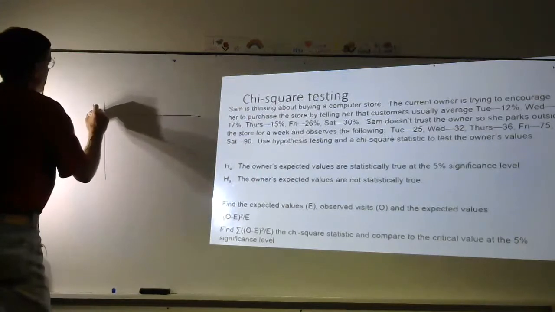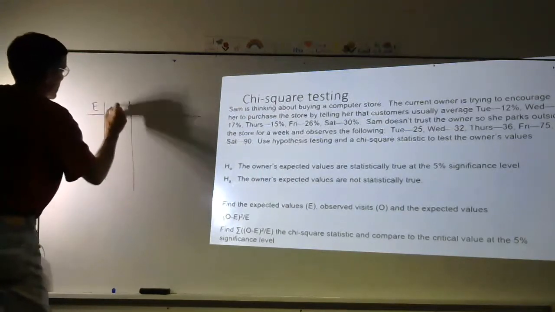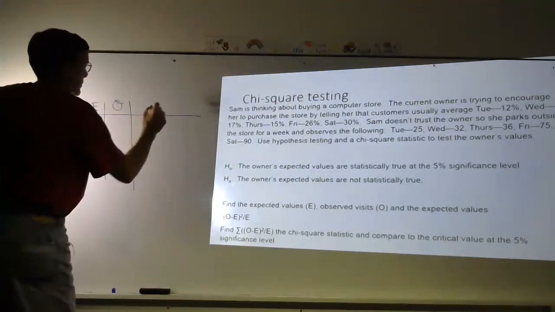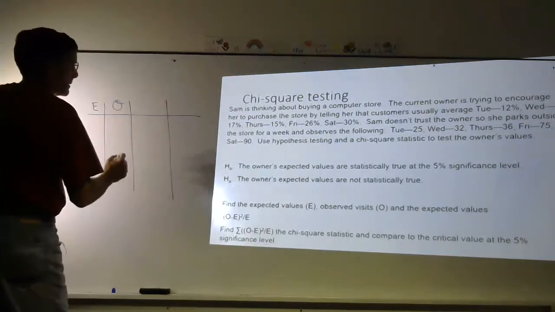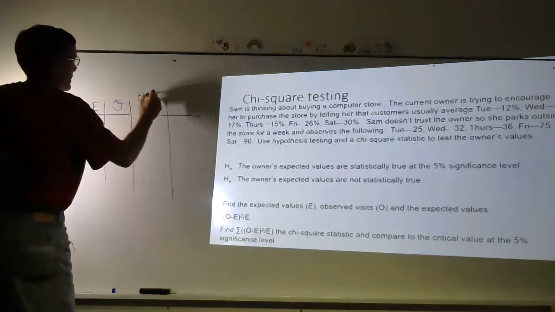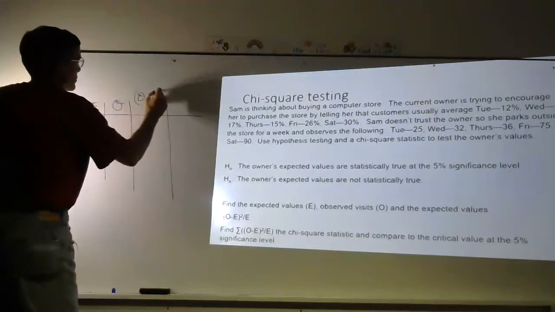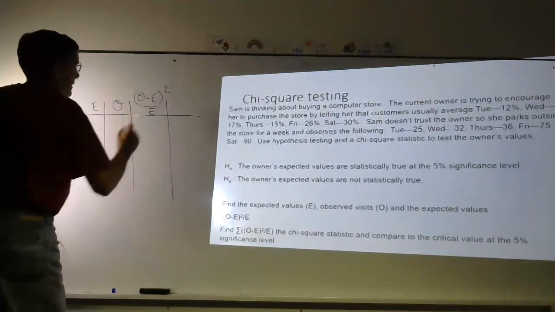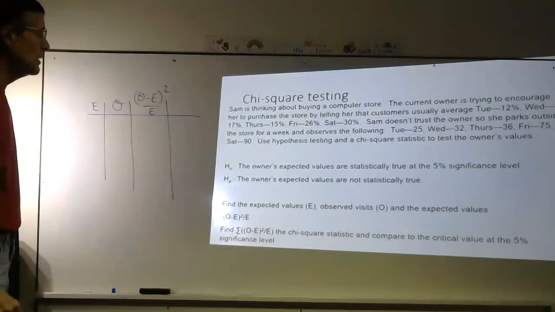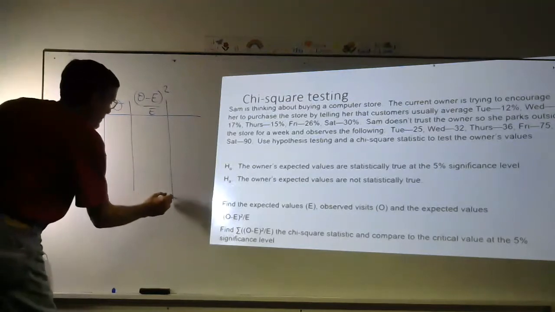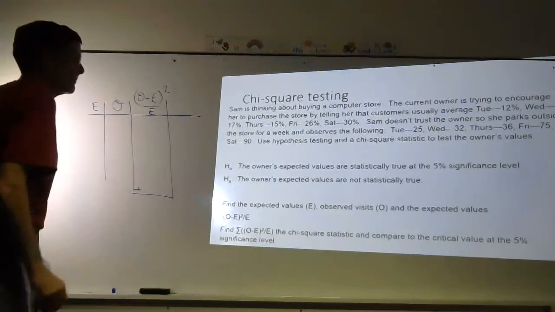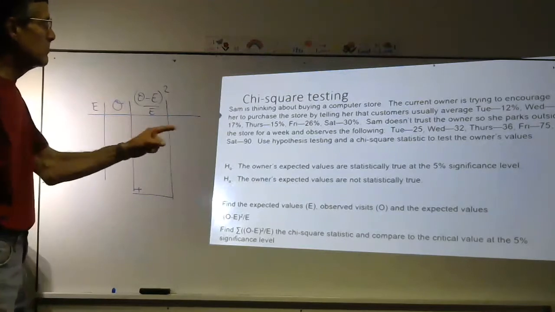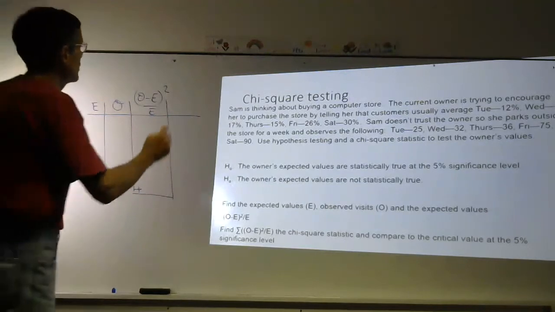Here we have the expected values and the observed values. Then you have a column, O minus E, quantity squared divided by E. I think that's the only one you need. Then you add this up down here, and we're going to compare it to the critical value at the 5% significance level.